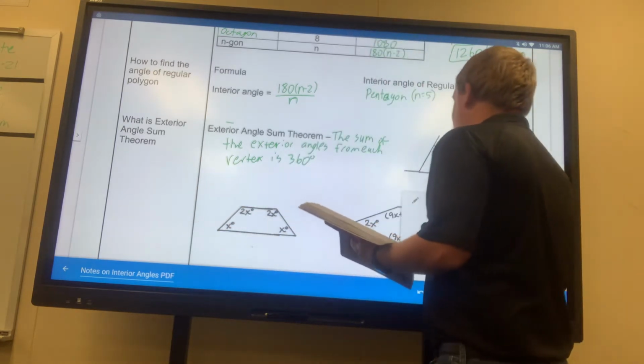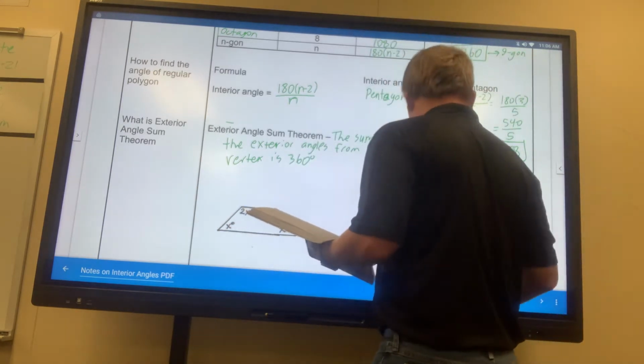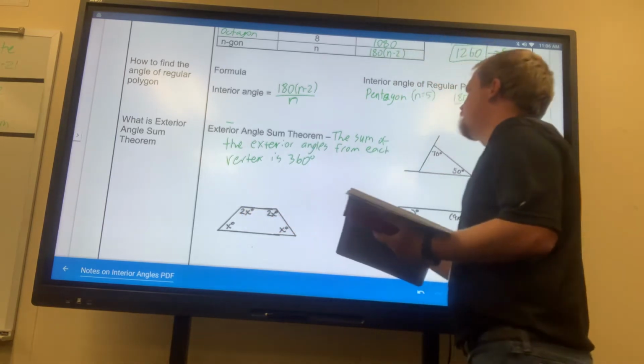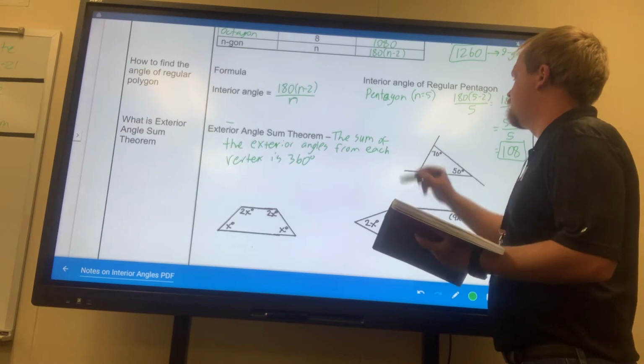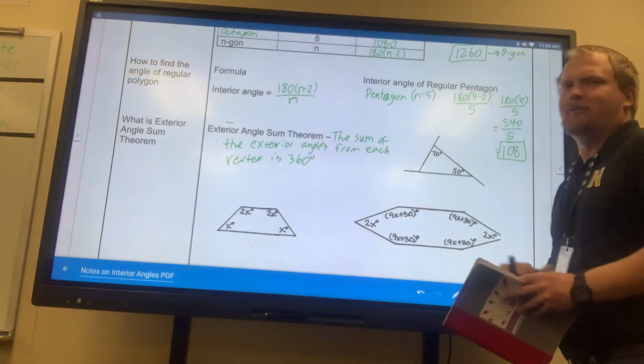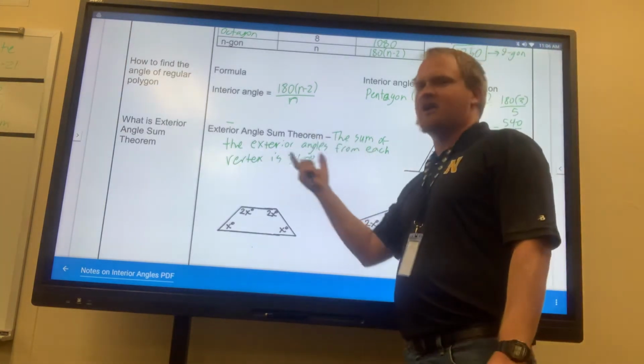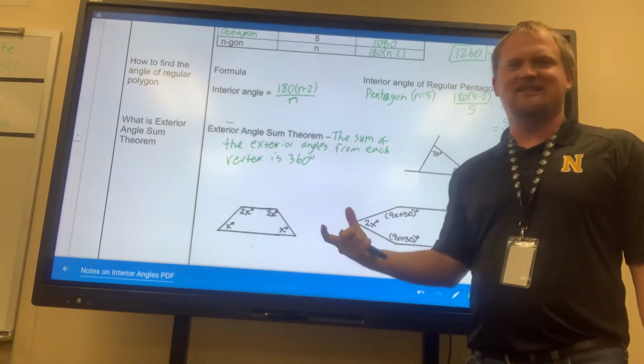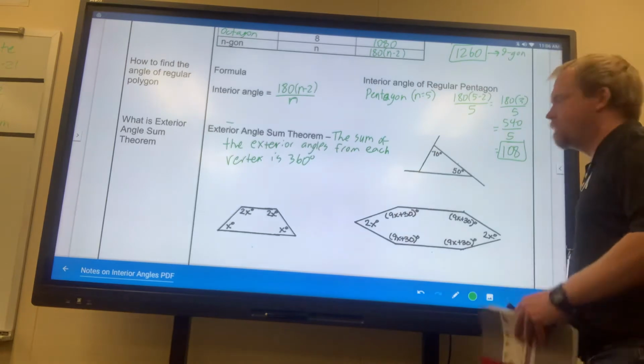I'm just going to rewrite this real quick because my writing seems sloppy. There we go. So no matter what, the sum of each angle that is outside of the polygon adds up to 360. All of them add up to 360.